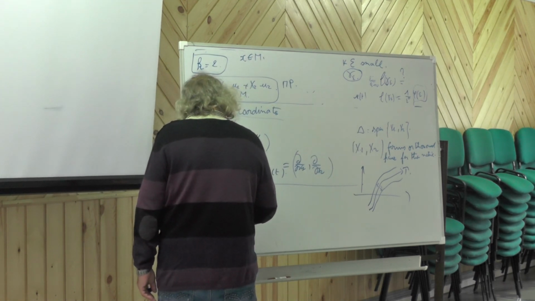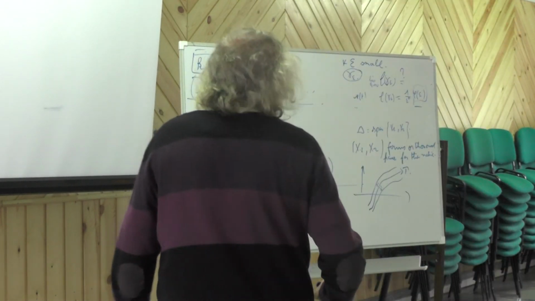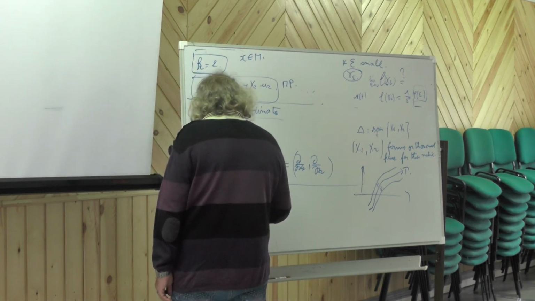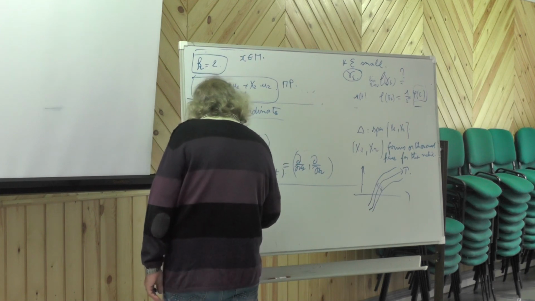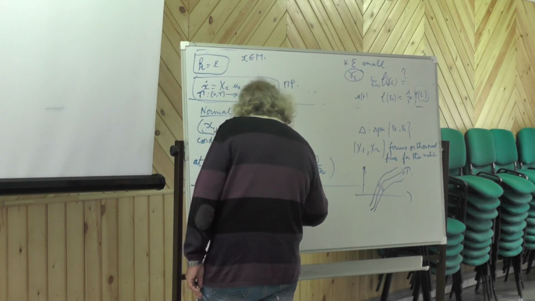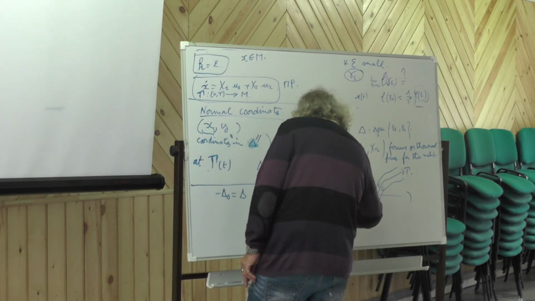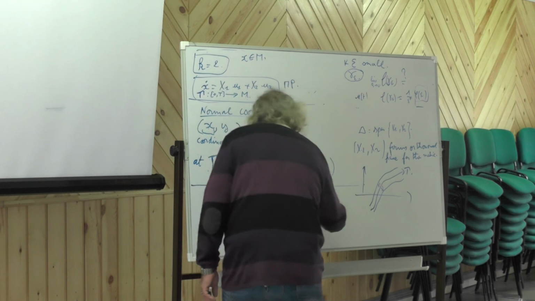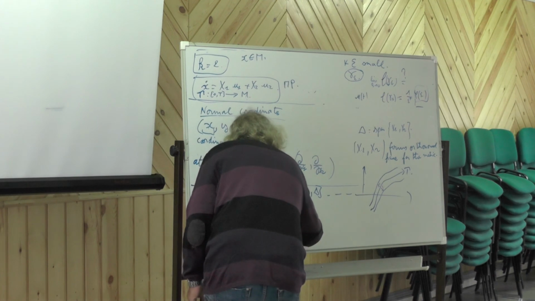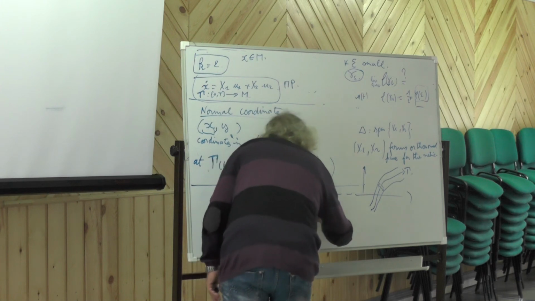And to the distribution delta is attached a certain natural flag of distribution. There are several, by the way, but the flag I will consider is the following. You have the first distribution, delta 0 is just delta. Delta 1 is delta plus the brackets of delta, and so on. You continue like that. Delta 2 is delta 1 plus the brackets of delta with delta 1, and so on.